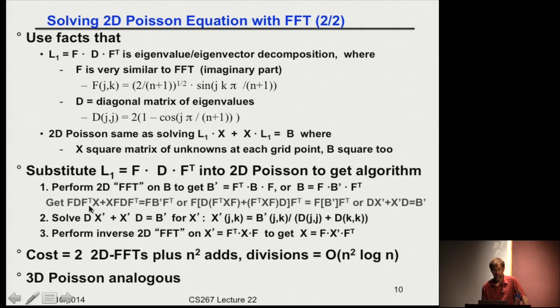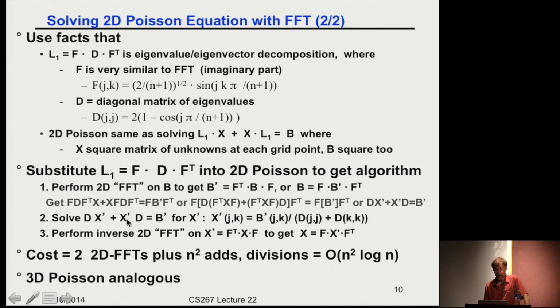Now I see every one of these 3 terms, I can factor out an F from the left. So let me factor it out. I can factor out F transpose, which happens to be F inverse, from the right. And if I throw those away, I get a diagonal system of equations to solve. So B prime is the matrix I got from doing the 2D FFT. D is this diagonal matrix of eigenvalues. And X prime is a transform of the unknowns.